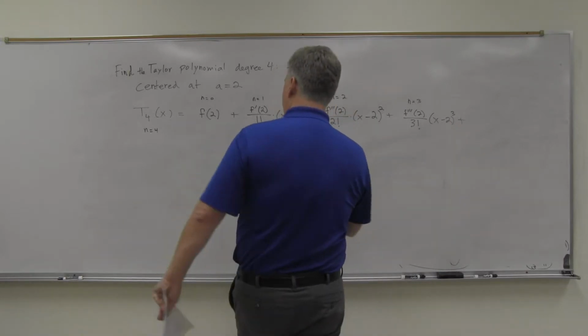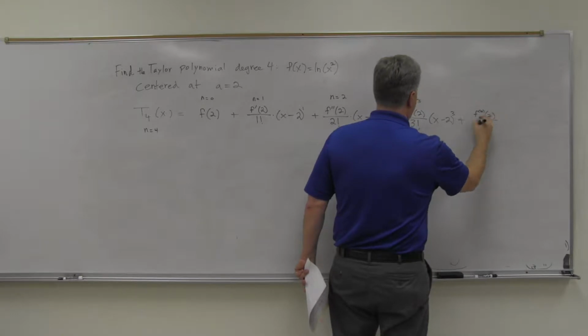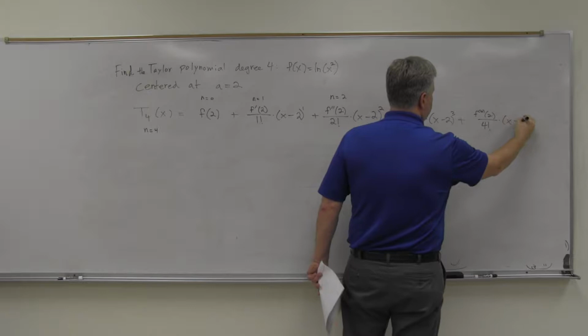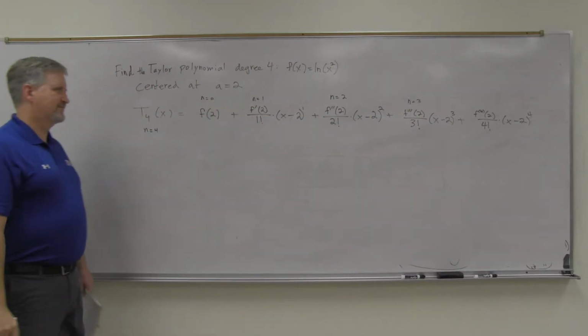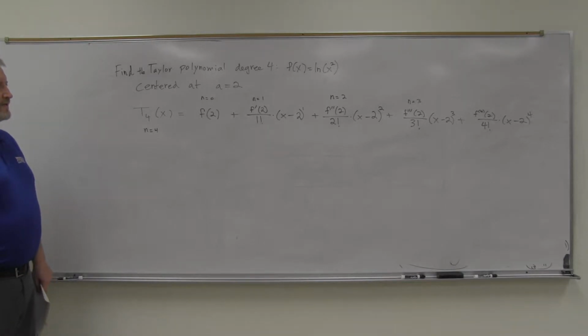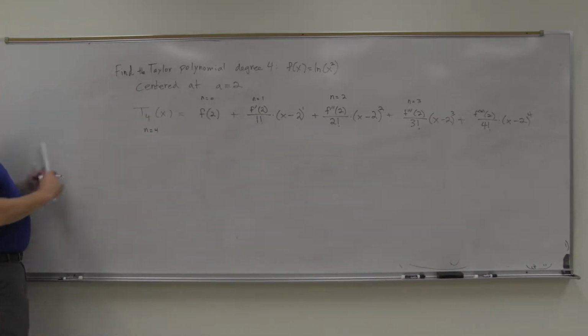And then I'm going out to n equals 4, so I've got to do one more derivative. So I do the fourth derivative at 2 divided by 4 factorial times x minus 2 to the fourth. Just have to remember where to put the a's and the n's. So then it just becomes a matter of evaluating function derivatives at those individual values.